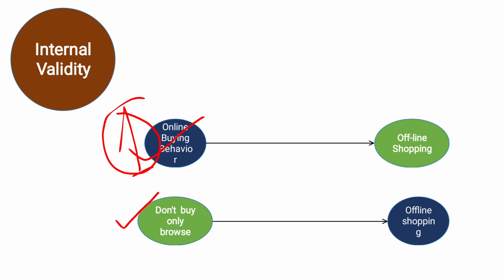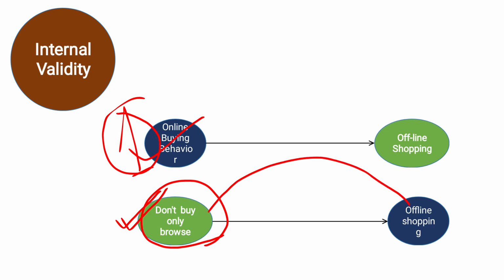Because of the alternative explanation, this relationship cannot be 100% accurate, because this is another factor which can also lead to offline shopping, even if consumers don't buy online but rather browse and go buy the product from offline stores. So here I can say that the internal validity of this study is low, right?